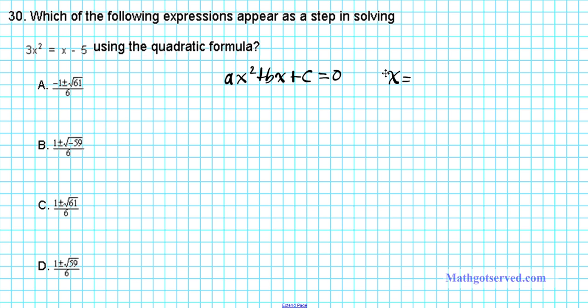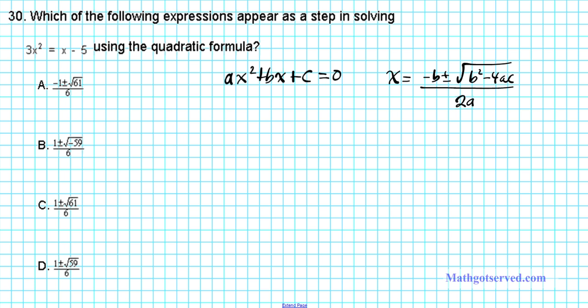Well, that's the form I have right here. ax squared plus bx plus c equal to 0. All right, so that's important. And then there goes your quadratic formula right there. Remember that this will be included in the formula sheet that you will be provided with during the test, okay? So this will be included.